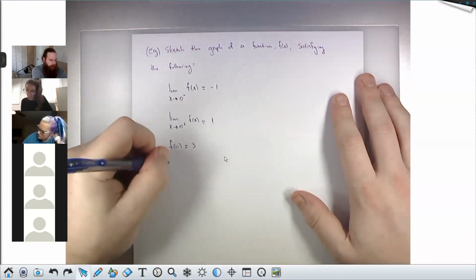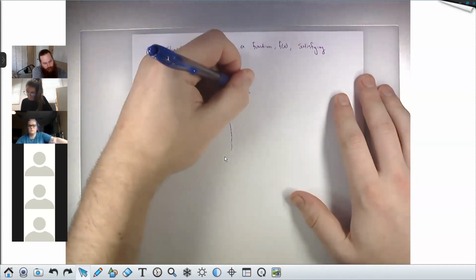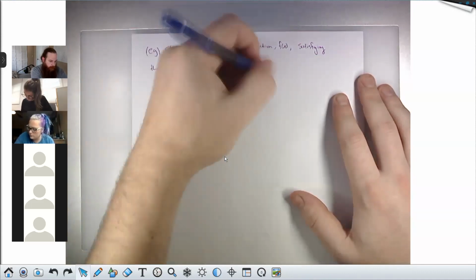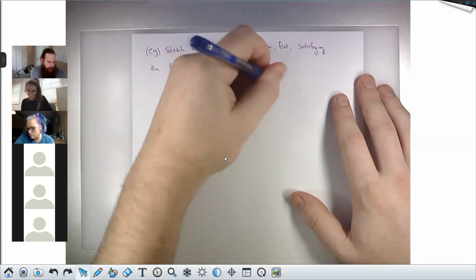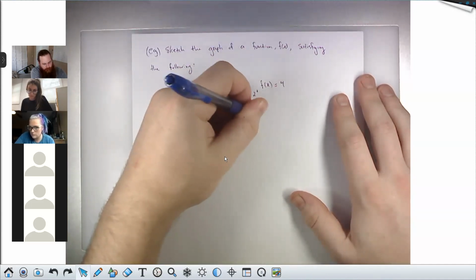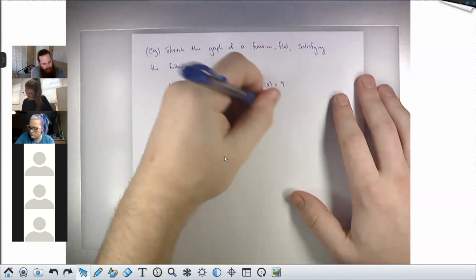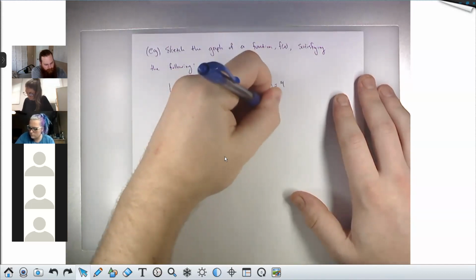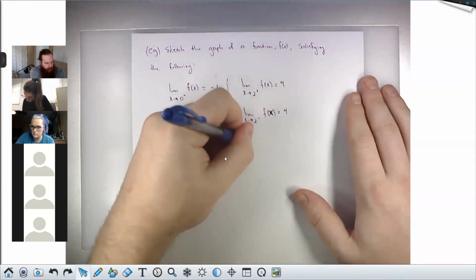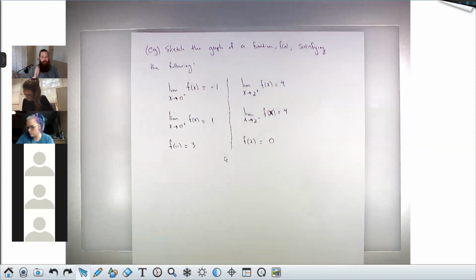Let's say also that we'd like the limit as x approaches 2 from the right to be, how about 4? And the limit as x approaches 2 from the left of f of x to also be 4. And then we'll have f of 2 maybe being 0. So we've got these 6 criteria here.